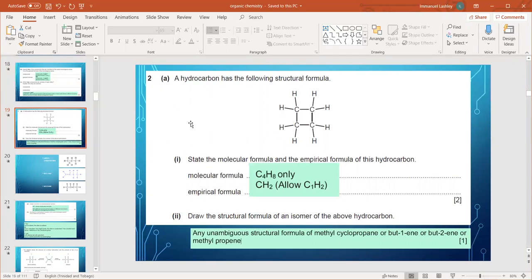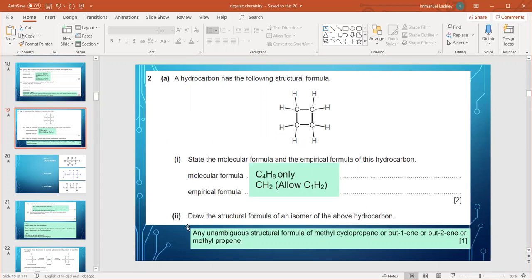The molecular formula is the actual number of carbons and hydrogens present. You count up the number of carbons, which is C4, and the number of hydrogens, which is 1, 2, 3, 4, 5, 6, 7, 8. So you end up with C4H8, and that's your molecular formula.